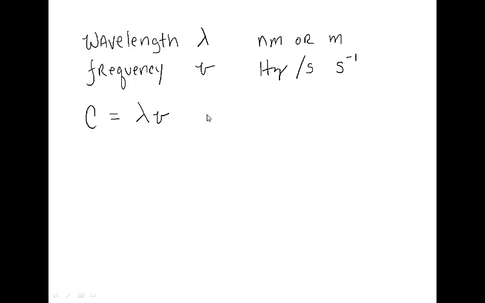Notice that if you were to do it just in units, you would have nanometers per second. So the units for the speed of light are going to be nanometers per second, which is exactly what we're going to focus on. Symbol for speed of light is a C. Symbol for wavelength is this upside down Y. Symbol for frequency is this cursive V. These are the symbols.